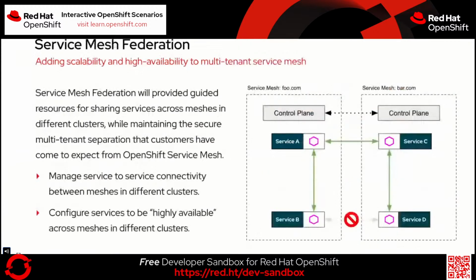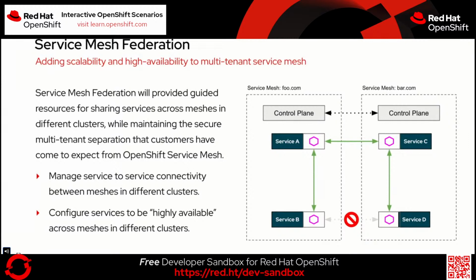Finally, last but certainly not least, by popular demand, the upcoming release of Service Mesh will introduce the ability to federate multiple service meshes. This will allow service mesh administrators to easily manage connectivity between services located in different meshes, and indeed in different clusters.